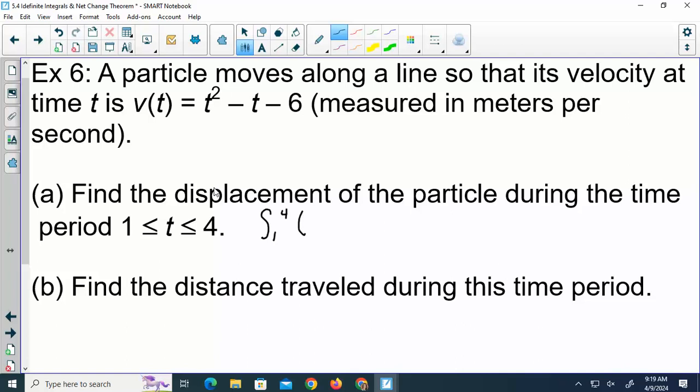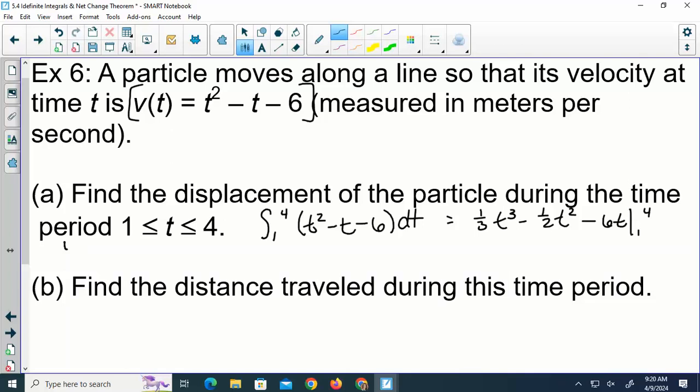And displacement is talking about position. The function I gave you was velocity, so that's why I'm doing the antiderivative, because the antiderivative of velocity is position. So this would be 1/3 t cubed minus 1/2 t squared minus 6t from 1 to 4.